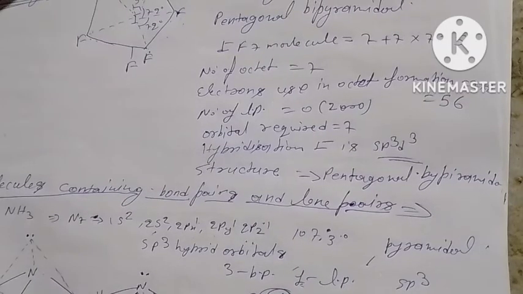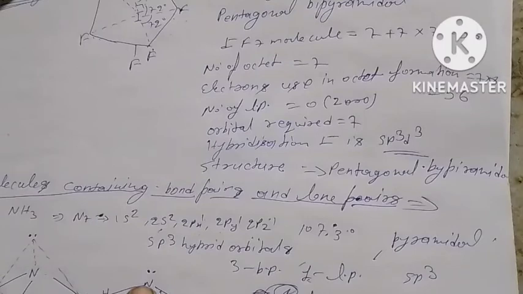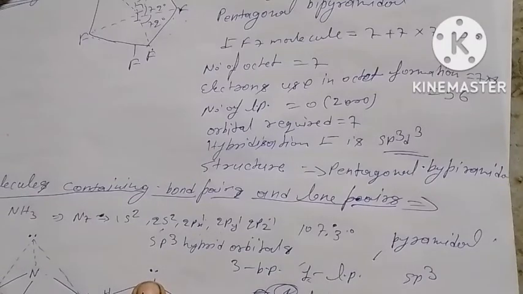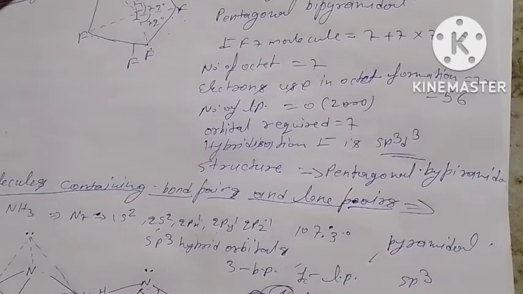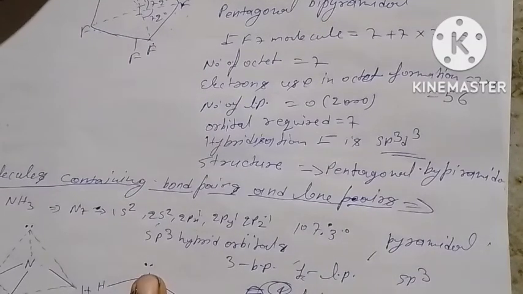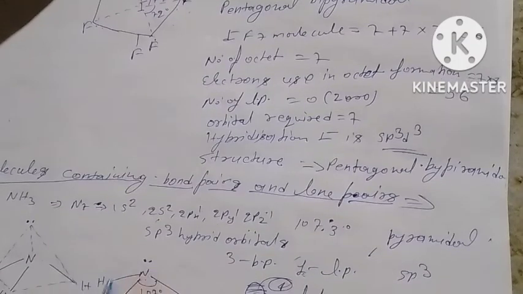So the structure is tetrahedral, but due to the presence of 1 lone pair, the shape is pyramidal. A lone pair occupies one corner of the tetrahedron. A nitrogen atom is surrounded by bond pairs as well as a lone pair.